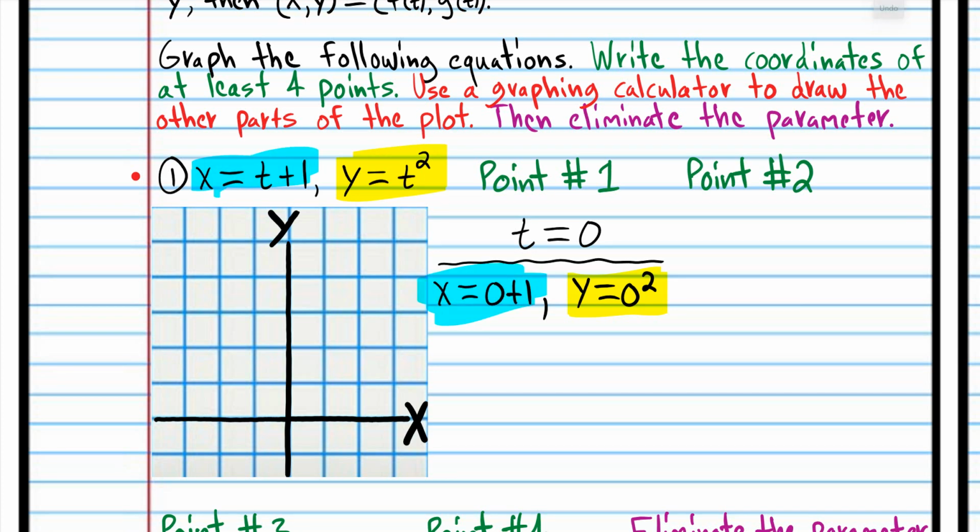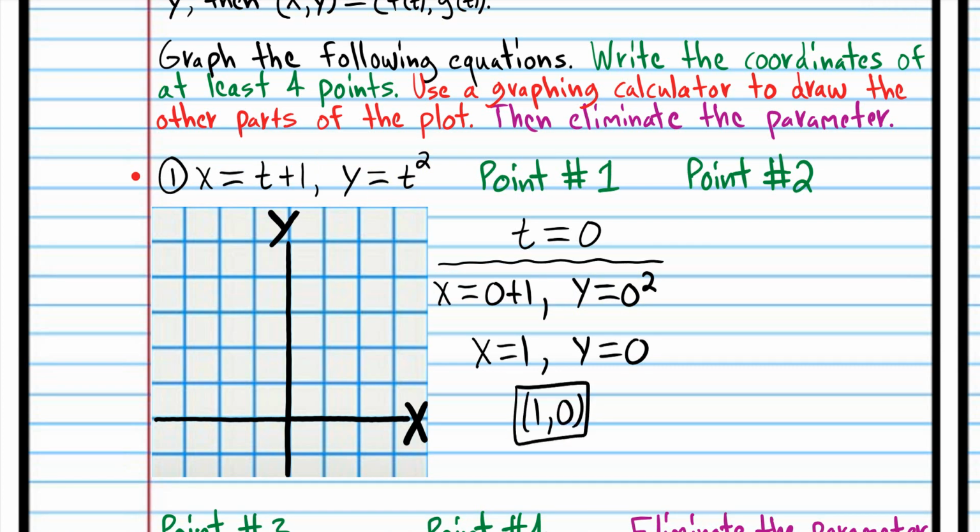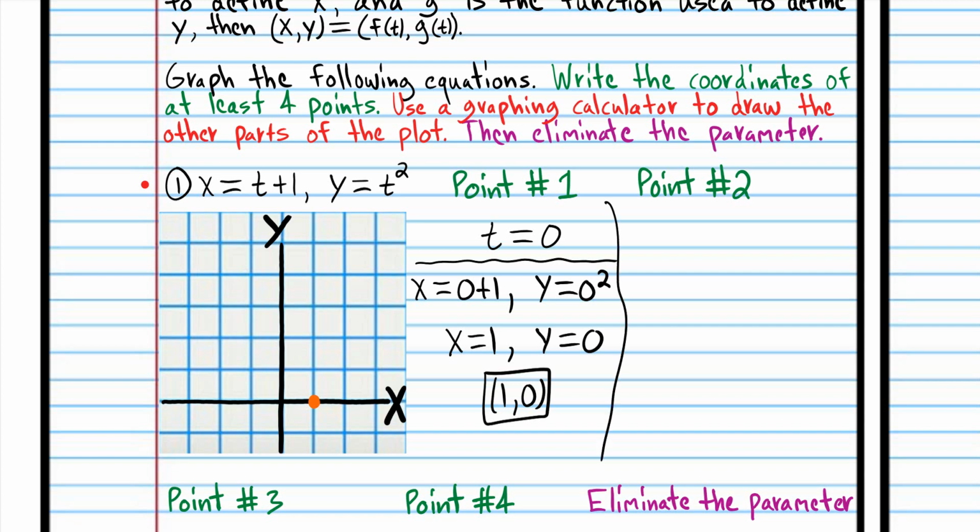So x is going to be 1, and y is going to be 0. And so that is our first point that we're going to plot, 1, 0. So there you go. And that's how this works.